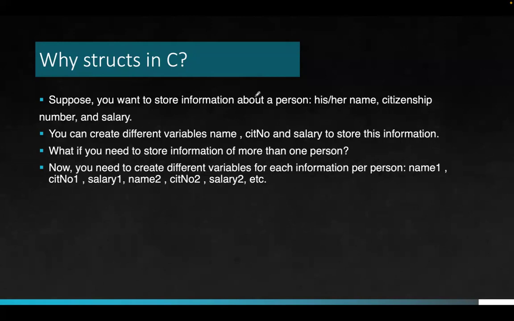So you just create the schema of the particular person, like the struct with the name, let's say the person P, and in it you just create what is the name, what is the citizenship, and what is the salary. This is the person structure.